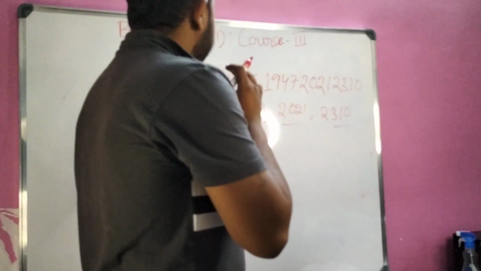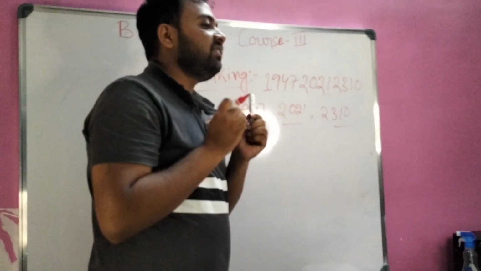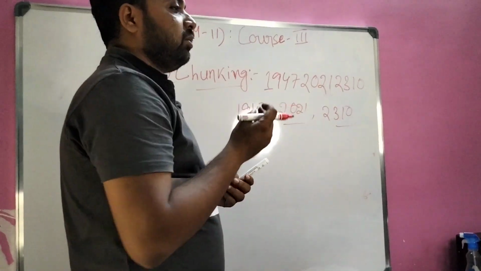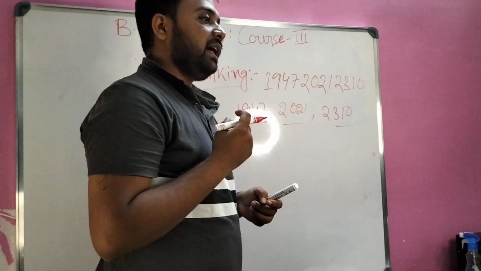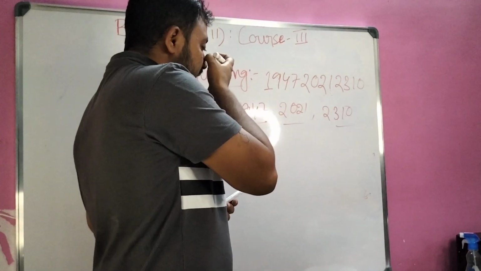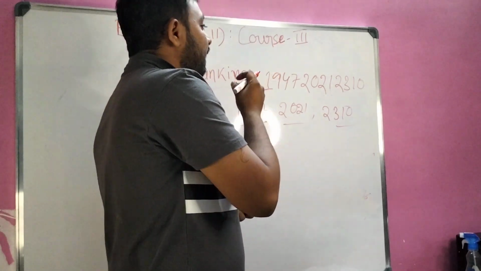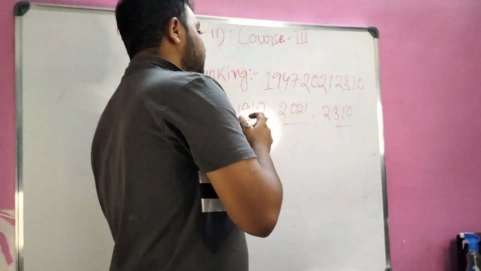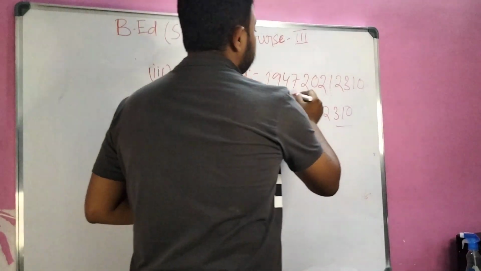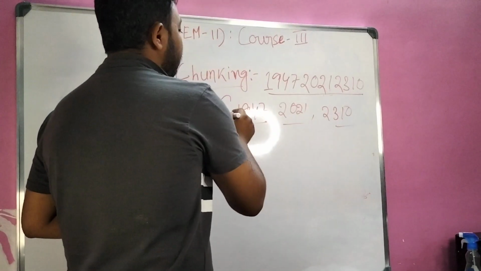So by this process, by making these chunks, if we remember any kind of number or any kind of word, this is called the chunking method. Clear? So in the chunking method, we divide all those numbers into different pieces or parts. So I divide this whole number into three parts.